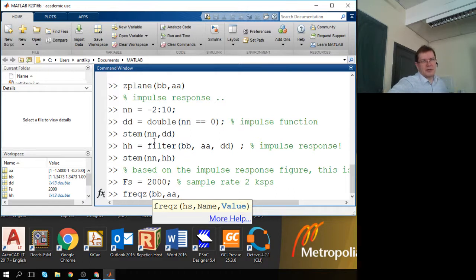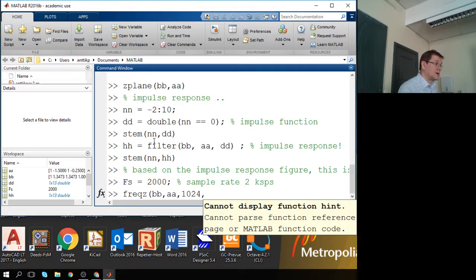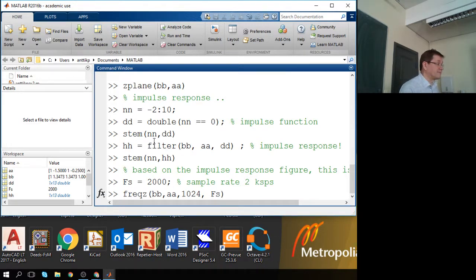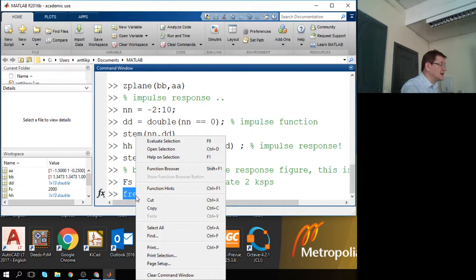But I'm an old geek, so I use this. And then frequency response bb, aa, and then the number of points in the Fourier transform, 1024, for example. And then the sample rate. That's the old way of using it, but I think you can actually take a look at the documentation for that one.